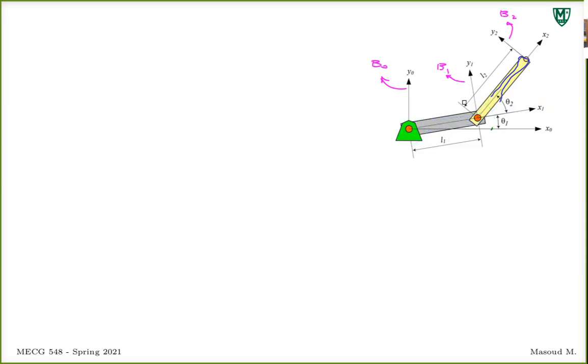And you have your rotations. This is rotating around this point, and this one is rotating around this point. You can call this point O naught, and this is the origin O1, and this is the origin O2.